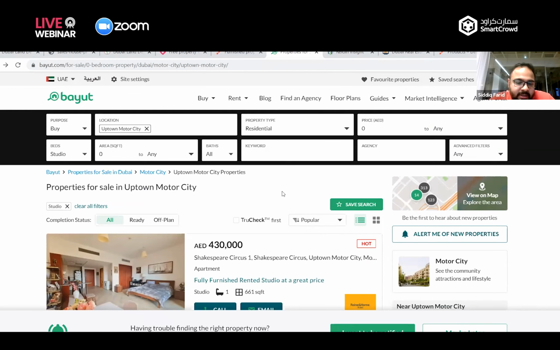But one of the challenges, and this is because we do all this homework with Motor City, is district cooling, right? Motor City tends to have a notorious bad rep around cooling charges that can be extremely high. And there's lots of particular areas that have these nuances. Motor City is one, Discovery Gardens another one.